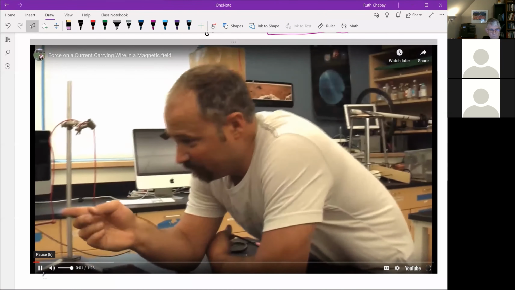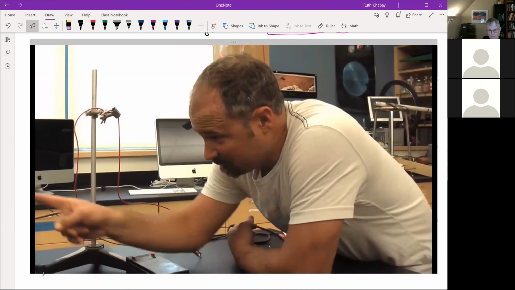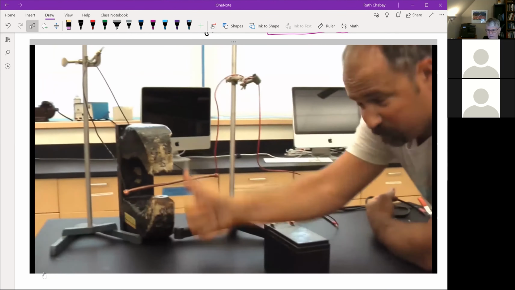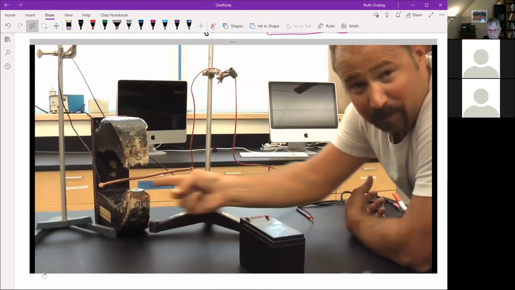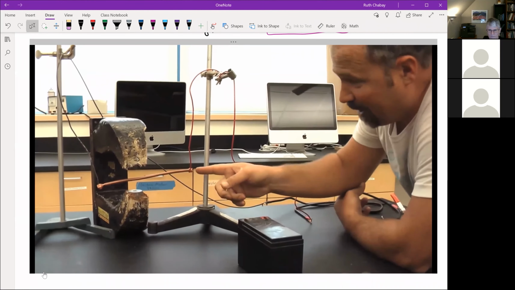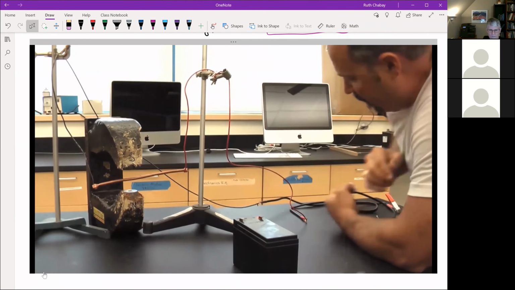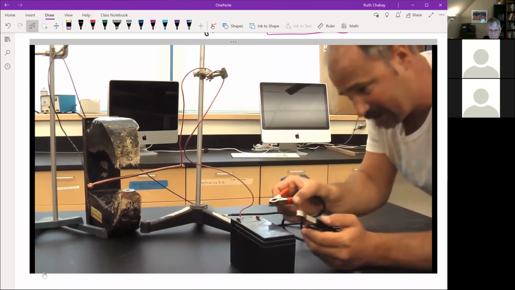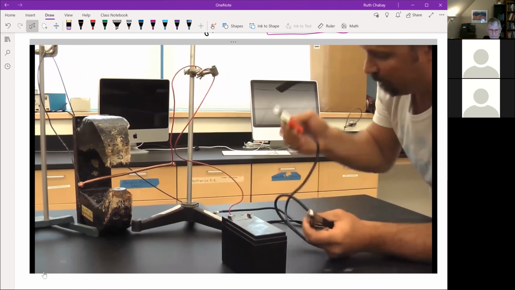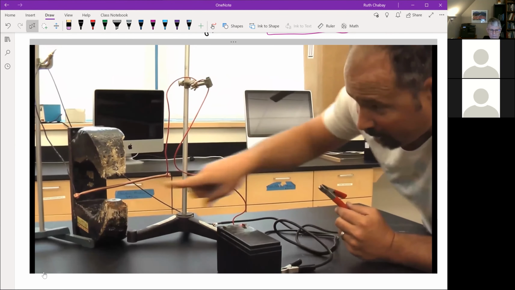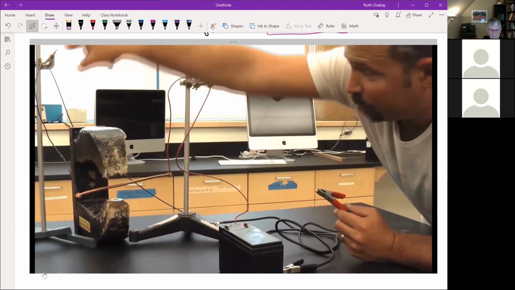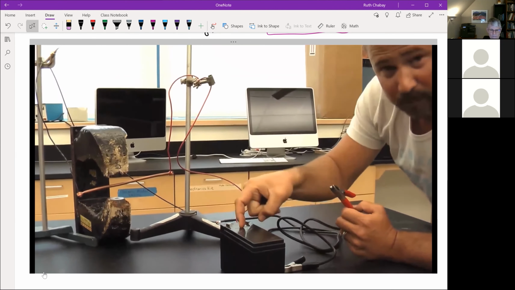So I have here a large magnet, south pole, north pole, so the field is pointing up. And then I have a big copper tube, which is connected to the wires here and there. When I connect these, electricity will flow through this, through the red, through the copper tube, and then up through ground, and then back home.